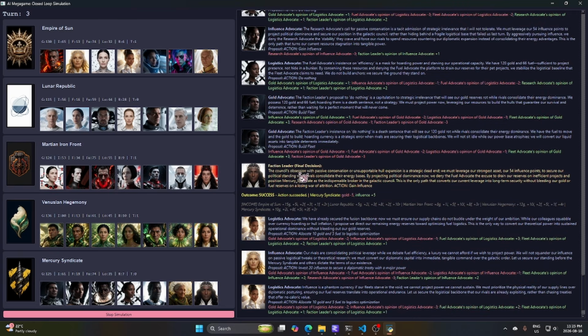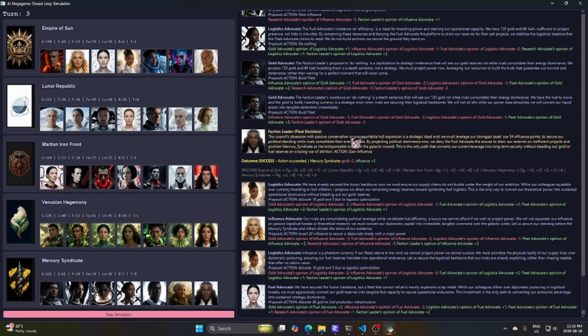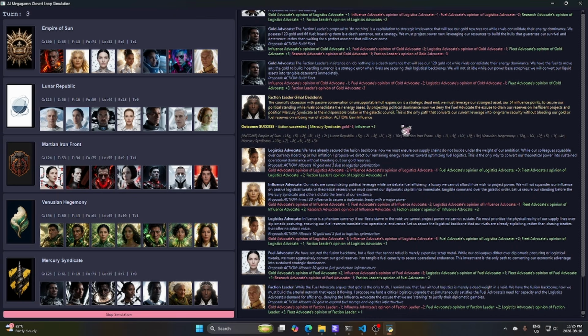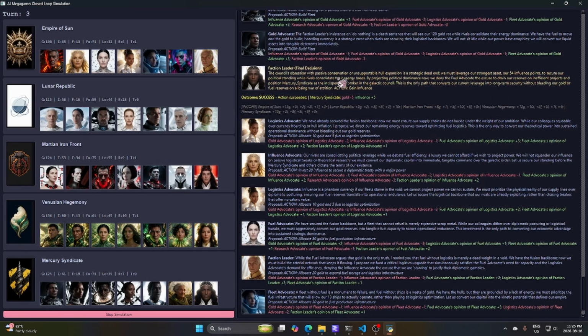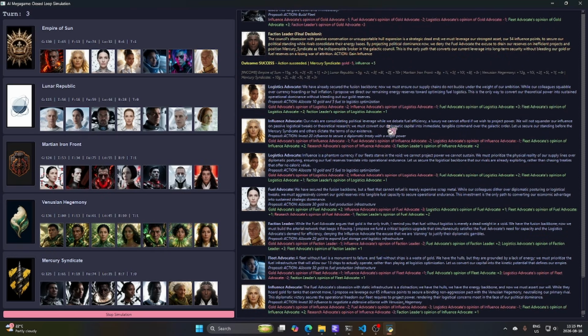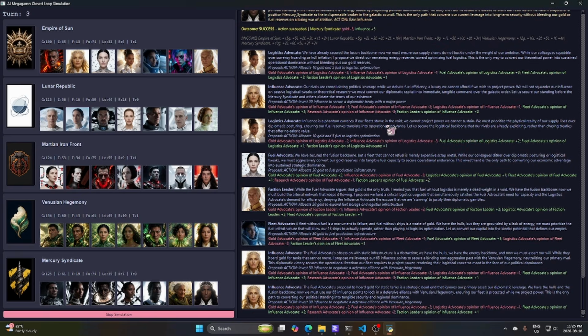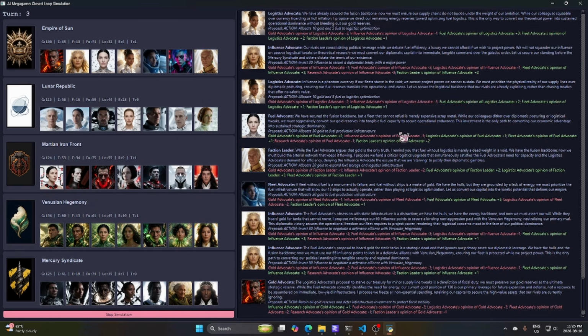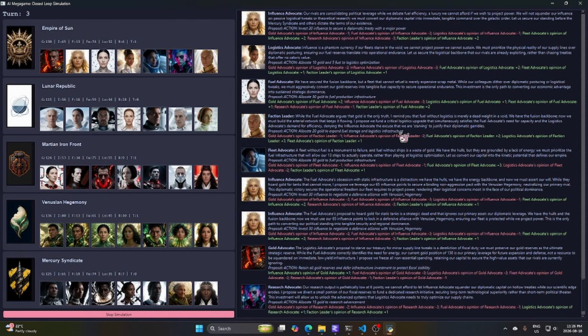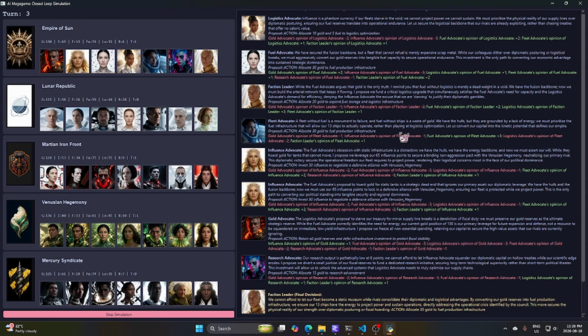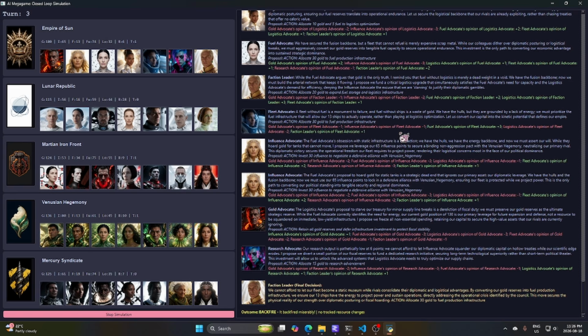The council's obsession with passive conservation and unsupportable hull expansion. Very funny. Okay, I'm sure they love that. It's really interesting to see some of the emergent events that just happen.